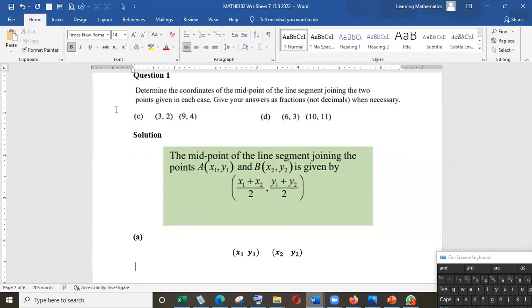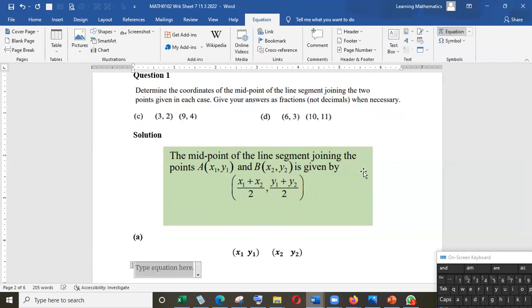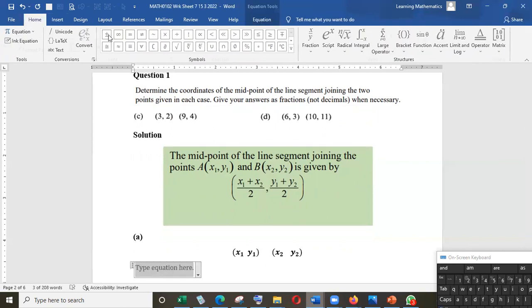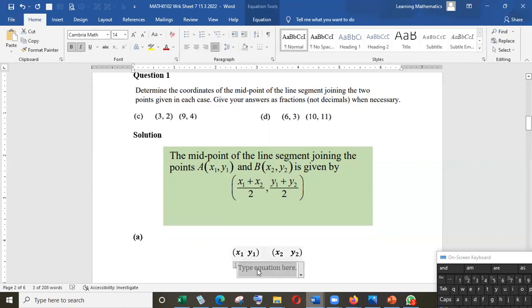The 2 points we are going to use are 3,2 and 9,4. So as you can clearly see, x1 is 3, y1 is 2, x2 is 9, y2 is 4.